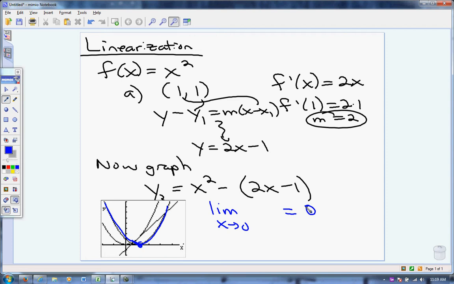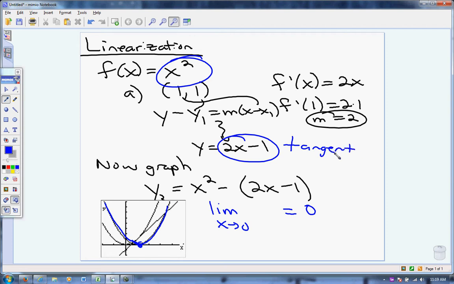It happened because as we get close to 1, don't these two functions, both x squared and 2x minus 1, approach the same value? Right? Don't they approach the same value? It's a tangent line. Remember what this is. This is a tangent line.